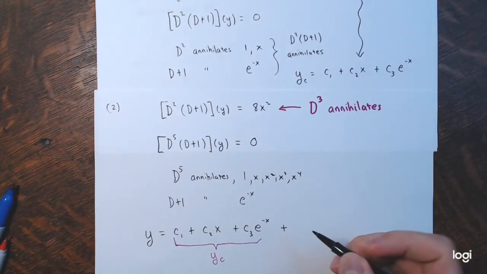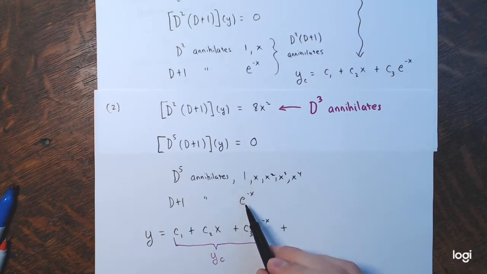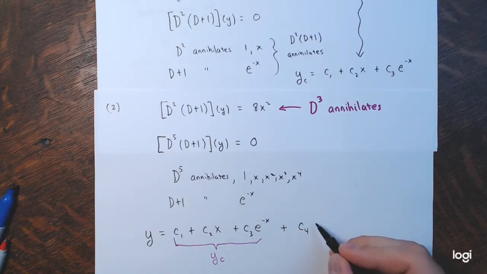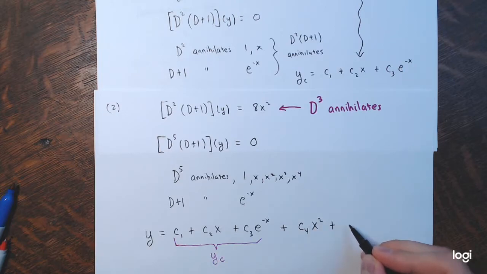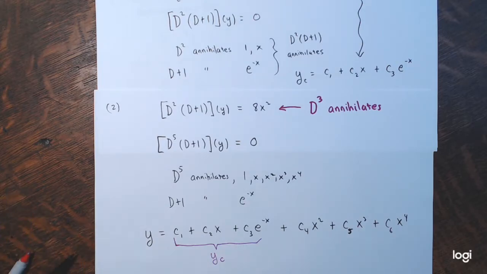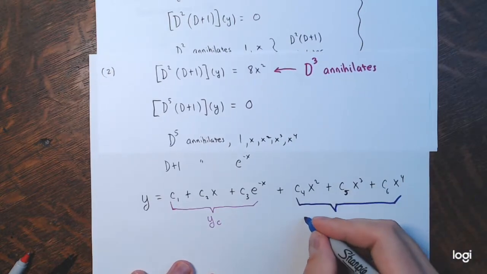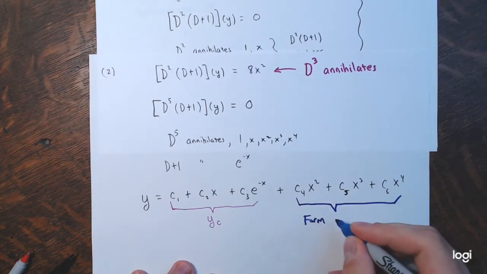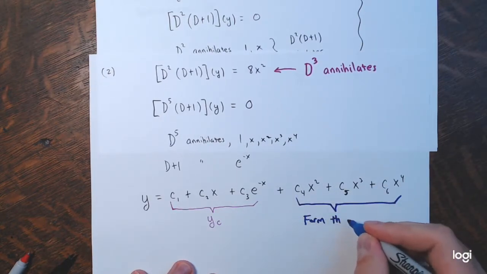The rest of it, some constant times x squared plus some constant times x to the 3rd plus some constant times x to the 4th, is the form that a particular solution to this equation takes.